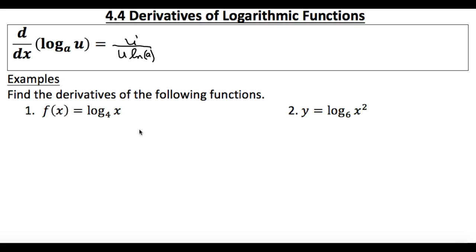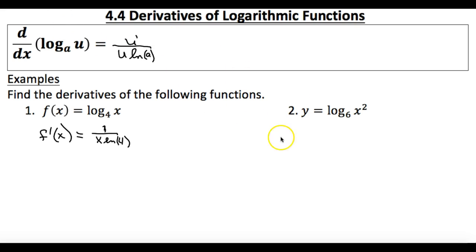So, for example, the derivative here of log base 4 of x is just going to be the derivative of the inside. So the derivative of x is just 1 over x times the natural log of the base. So the derivative of log base 4 of x is 1 over x times the natural log of 4.